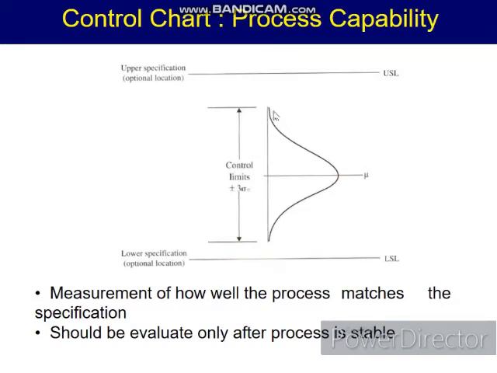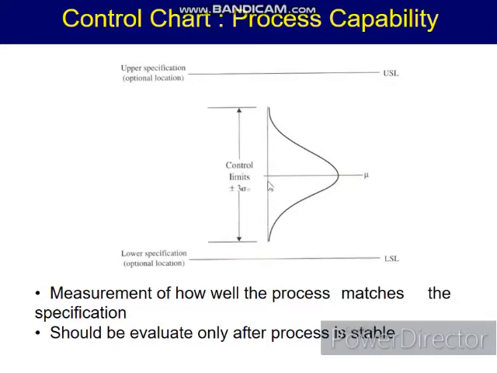If you look at this illustration, this is the representation of the process itself, what the process can do. If you remember, this is the mean, this is the upper control limit, and this is the lower control limit. So this is basically plus minus 3 sigma. So this is the process.